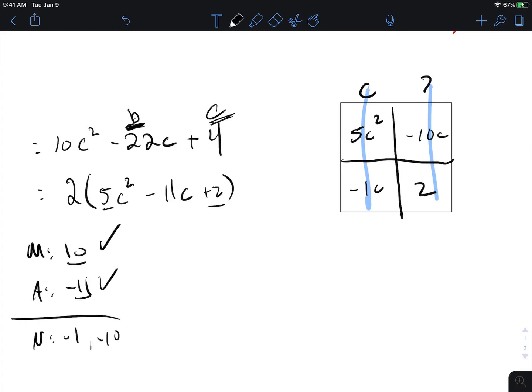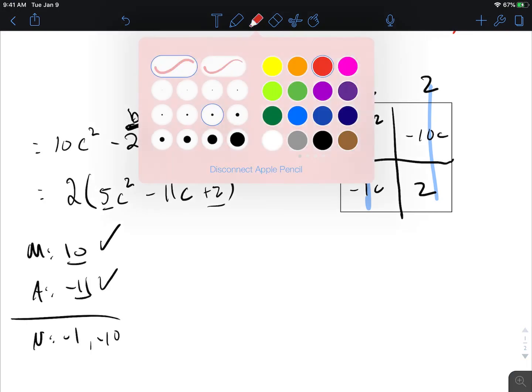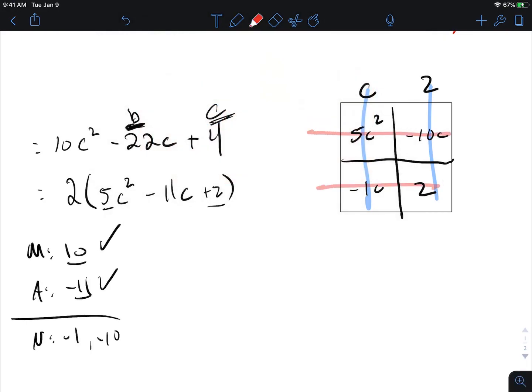In the second one I can take out a 2, because 2 goes into 2 and it also goes into 10. Horizontally, I can take a 5c out of the top, and in the bottom, I see 1. 1 goes into both. That's all I can take out of there.